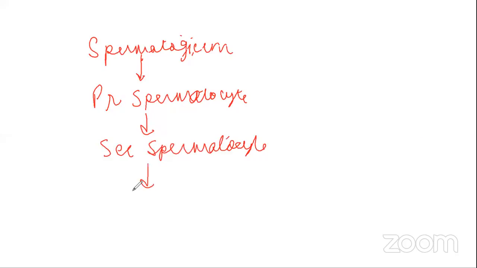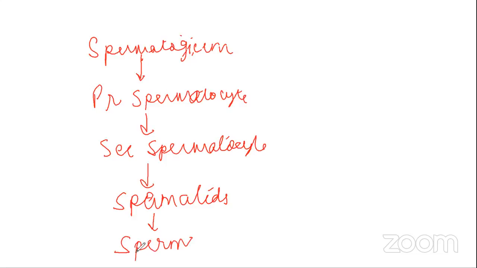Secondary spermatocyte forms spermatids. And spermatids mature to form spermatozoa, or sperms. Please be very clear with these terms. The entire process is called spermatogenesis.